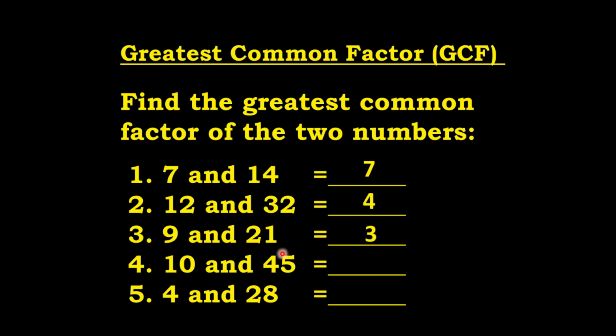The GCF is 3. For number 4, 10 and 45. The GCF is 5. Then lastly, number 5, the GCF of 4 and 28. That is 4. So alright guys, I hope that your knowledge about finding the greatest common factor was able to refresh.